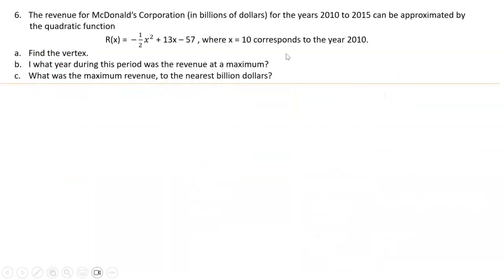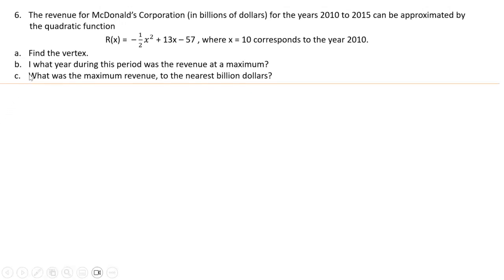Number 6: how do quadratic functions apply in real life? The revenue for McDonald's Corporation in billions of dollars for the years 2010 to 2015 can be approximated by the function r of x equals negative 1/2 x squared plus 13x minus 57, where x equals 10 corresponds to the year 2010.